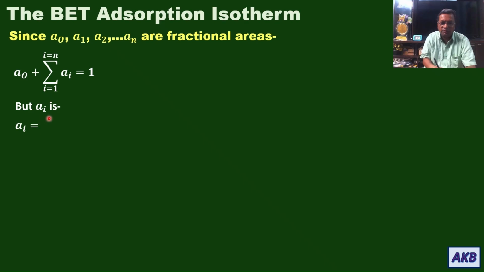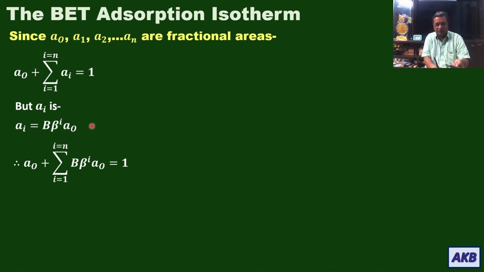But we got the equation for Ai previously. What is that equation? Ai is B into beta raised to i into A0. So I can use that equation. I will get A0 plus summation from i equal to 1 to n, B into beta raised to i into A0, that is equal to 1. So I have replaced Ai with the equation for it.